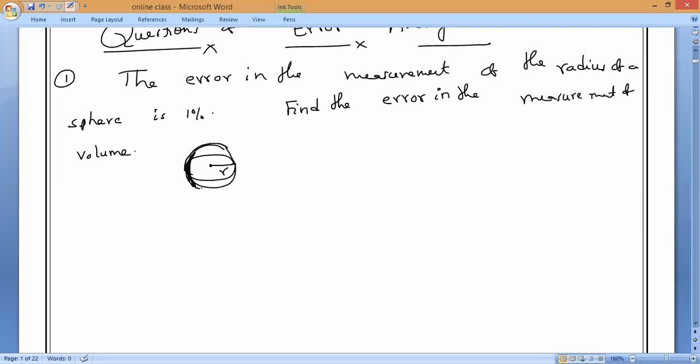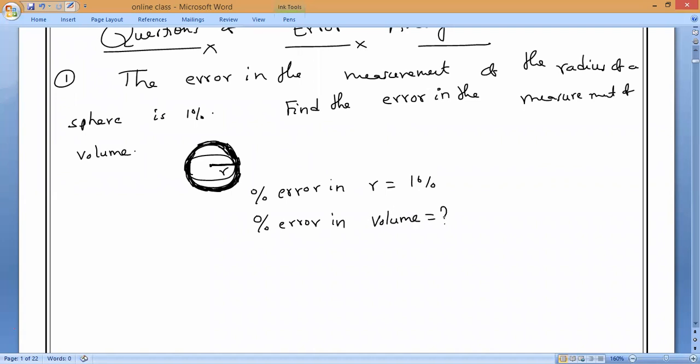The percentage error in radius measurement is 1%, and they are asking for the error in the volume of the sphere. So they have given the percentage error in R as 1%, and they are asking us to find the percentage error in the volume of the sphere.